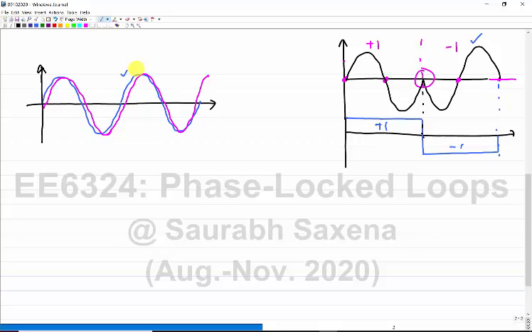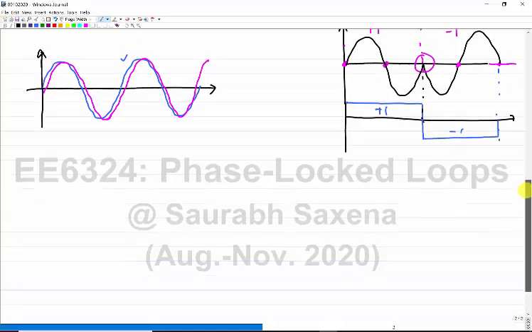Surely you can have it, depending on how you design the clock, but that is going to be a really bad clock, and you would not like to design such a clock source. Normally, in the presence of noise, a good clock will have only one zero crossing. It will not have multiple zero crossings.